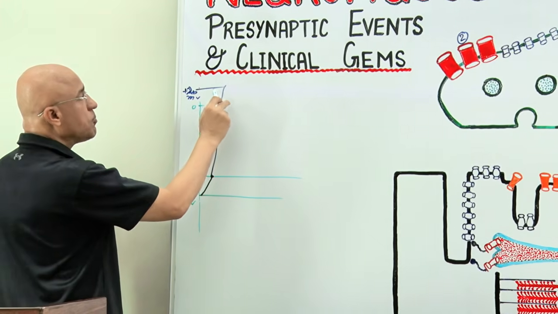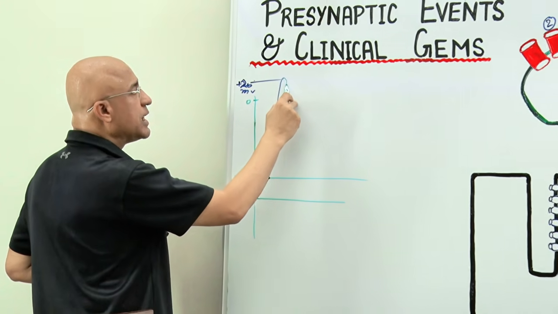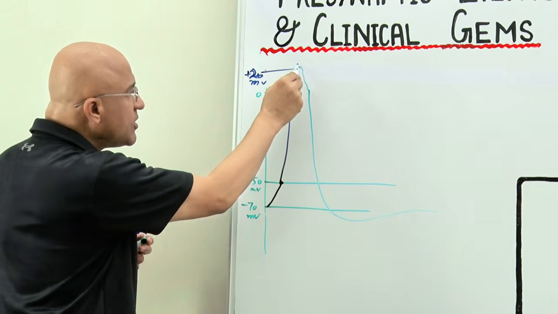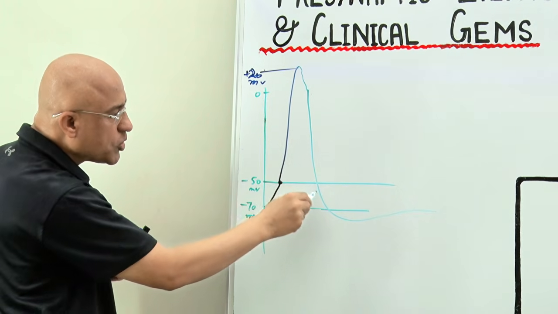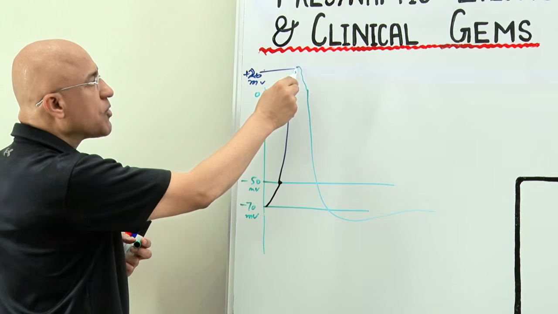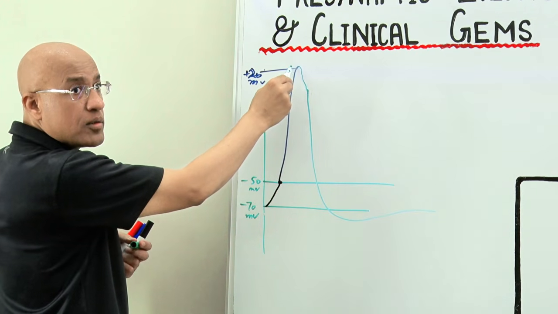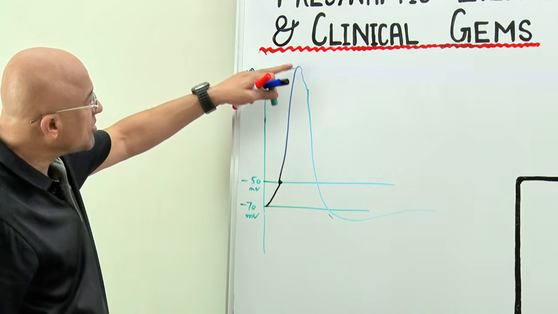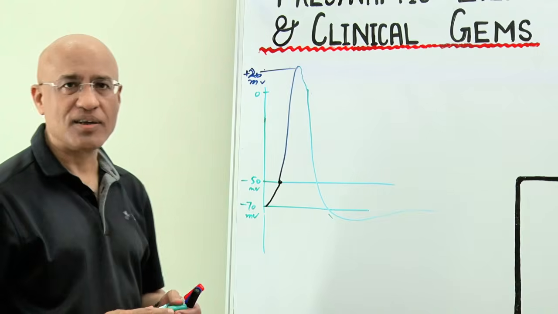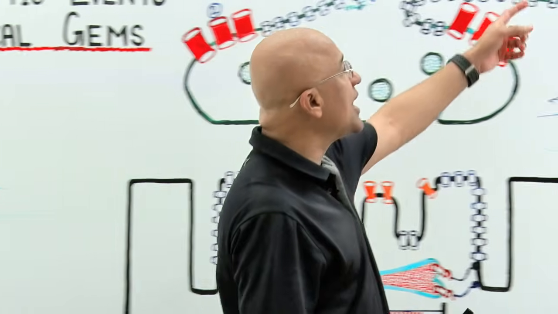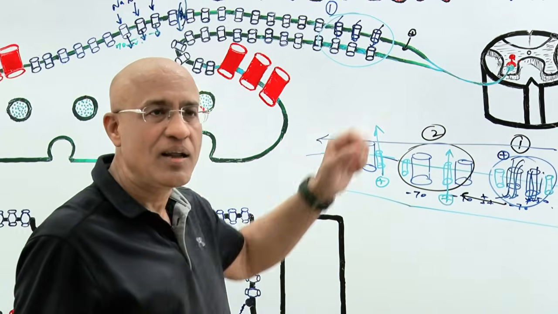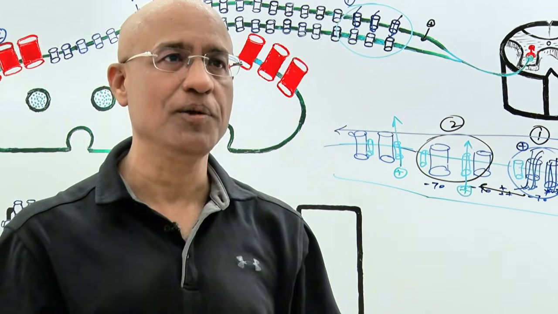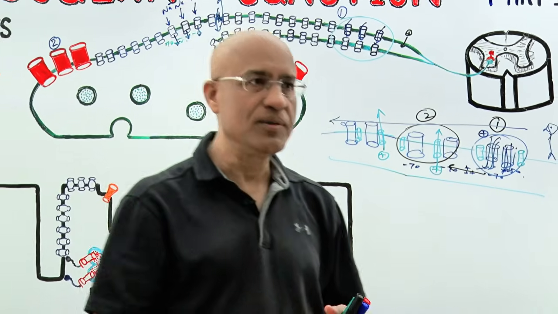If it was plus 20, as some potassium moves out, it will become progressively negative, right? So this component, which shows the membrane potential going from the peak potential back to the resting membrane potential, is called repolarization, because the membrane is again polarized negatively.